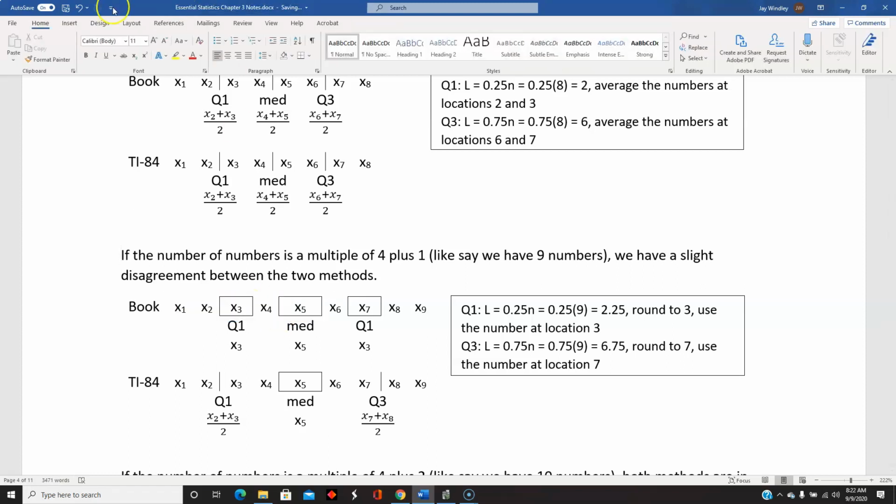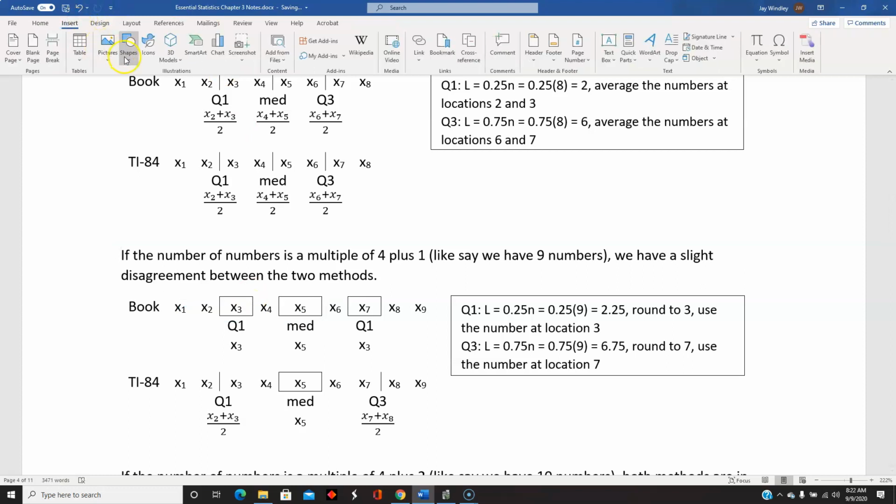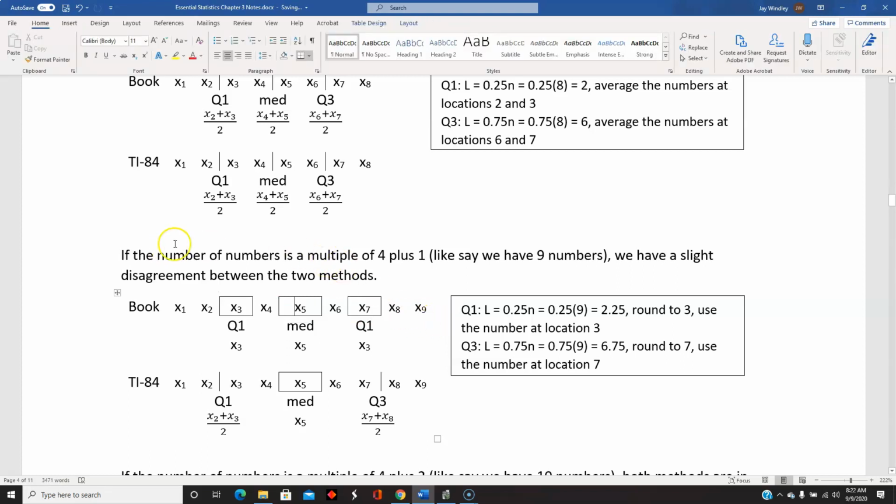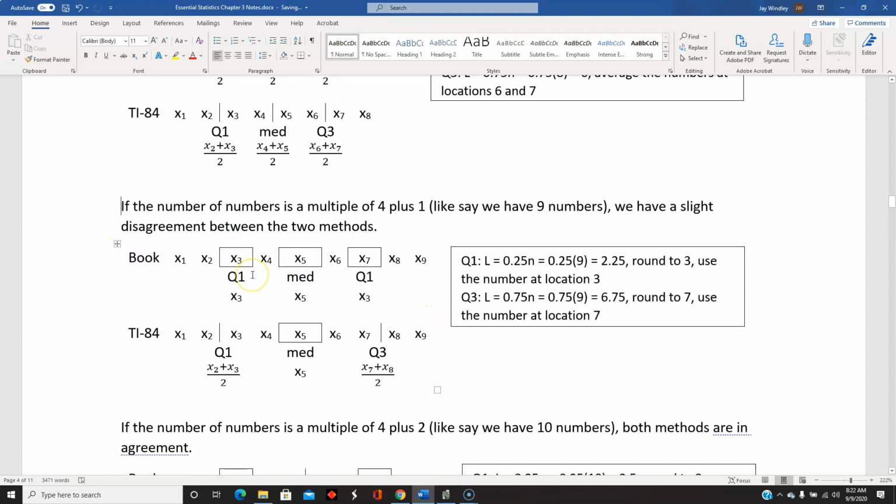And it's the same as saying we're including the median in the upper half, and those 5 numbers have x7 in the middle. That seems like kind of what they're doing, but you'll see in a moment that that's not always what they're doing. So again, it's a little bit different the way the book does it.